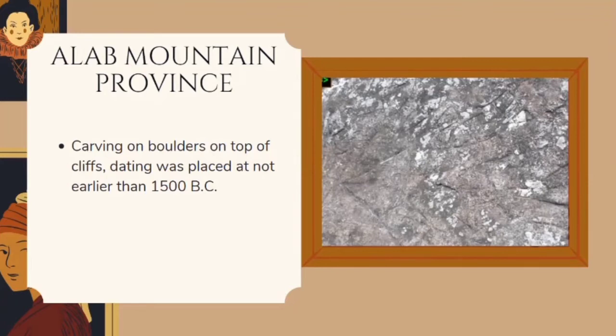However, may teorya at alamat. Kagaya ng sabi sa slide, ang carbon dating has calculated the age of these petroglyphs. They have been carved sometime not earlier than 1500 BC, so that would be 3000 plus years old. Next.